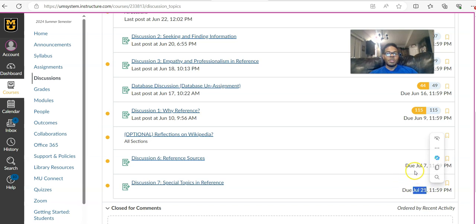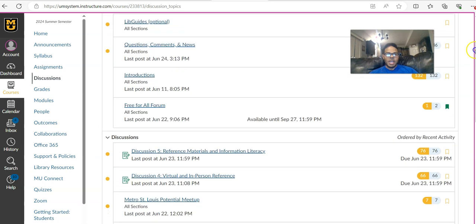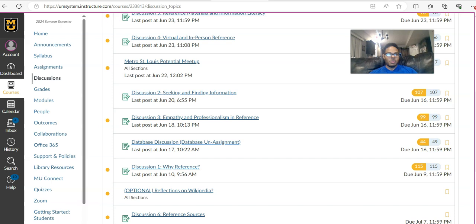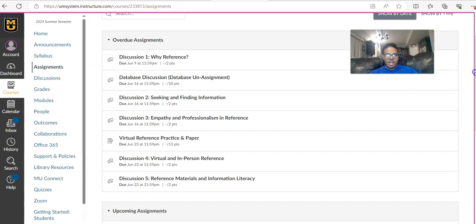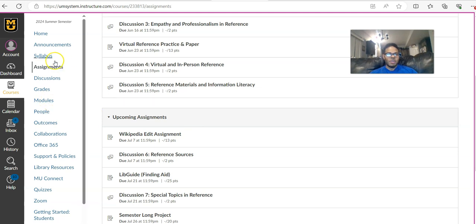That's when that is due, and then this is due, I believe, on the same date as your Wikipedia edit. Let me make sure. Oh, I'm in the wrong place here. Hold on. And the Wikipedia edit is due, yes, on July 7th. So on the dates that you have Wikipedia edit assignments and LibGuides due, you also have a discussion board prompt due, but it's only one for each of those, okay?